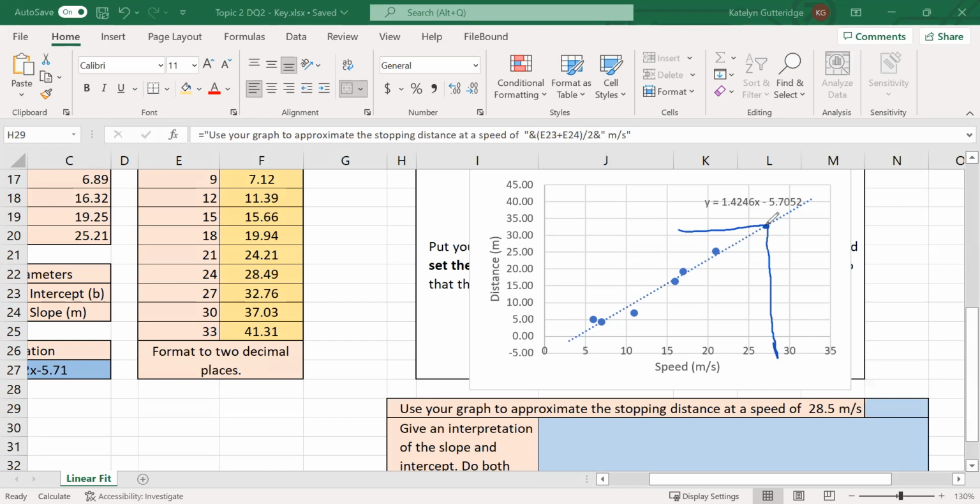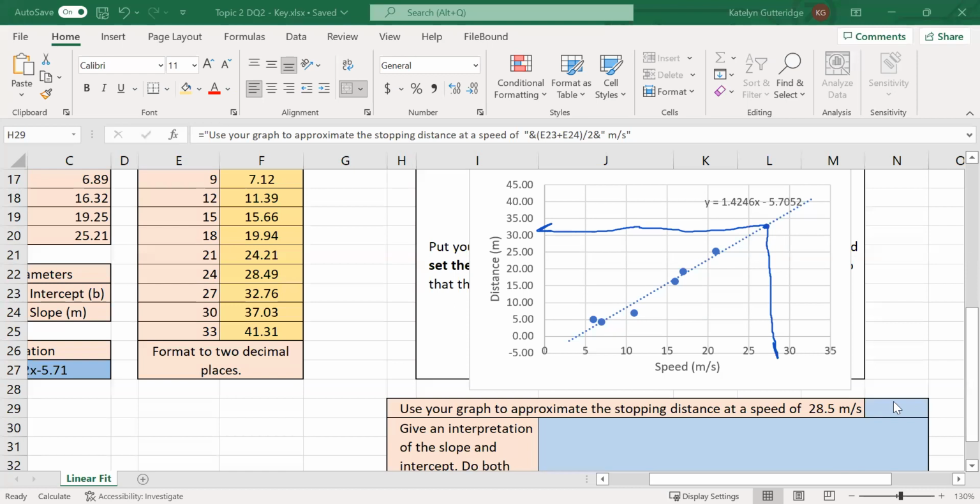So I'm going to track this over. I'm going to try to be as straight as possible, to be as exact as possible. And I'm sitting somewhere between 30 and 35. If I look at it, I'm going to say maybe it's about halfway through, maybe sitting on the larger side. So let's go ahead and put it at 33 for an approximation.